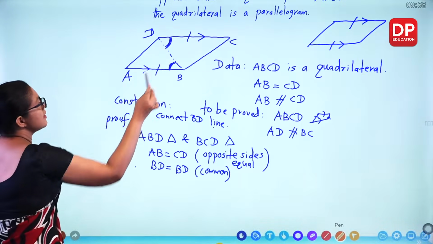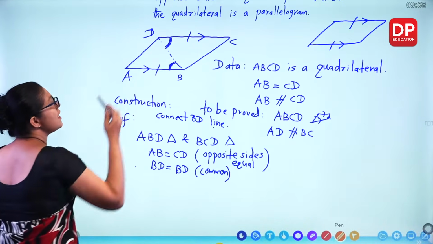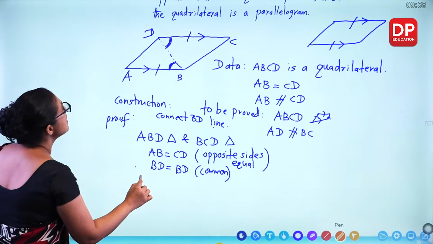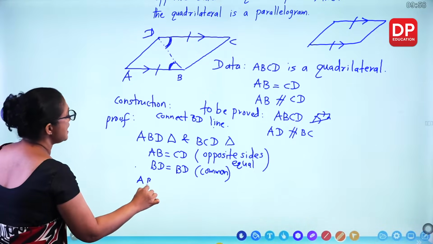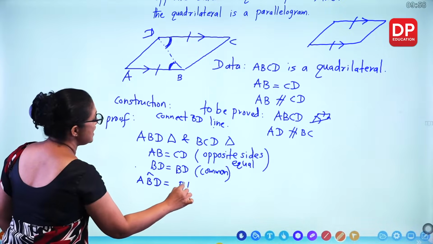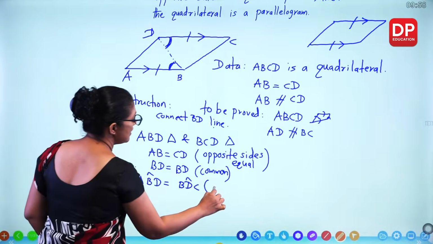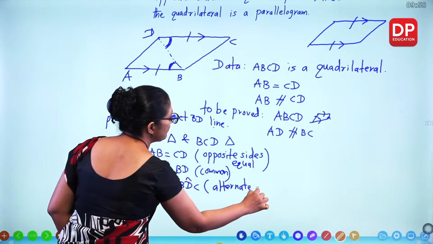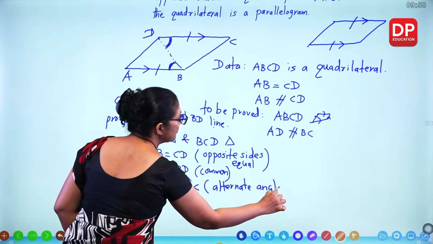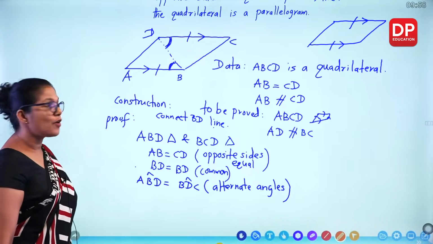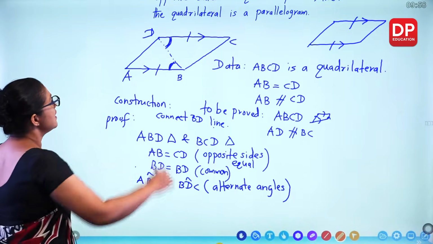And these two angles are equal because they are alternate angles. I can write angle ABD is equal to angle BDC, alternate angles. Then what can you say about these two triangles?